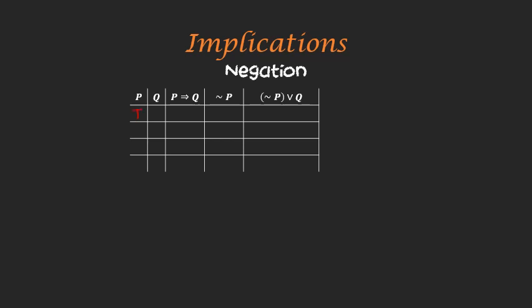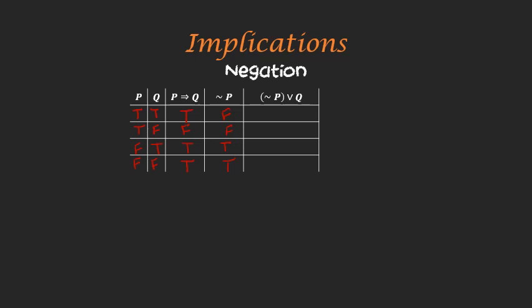So here I'll first just list the possibilities. And then evaluate P implies Q: true, false, true, true. Evaluate not P: false, false, true, true.